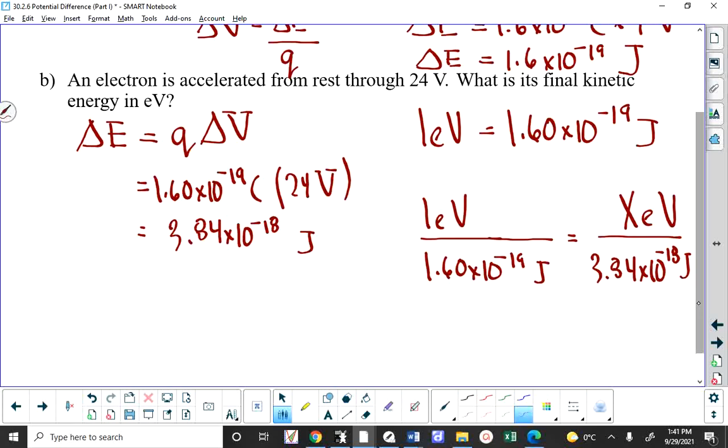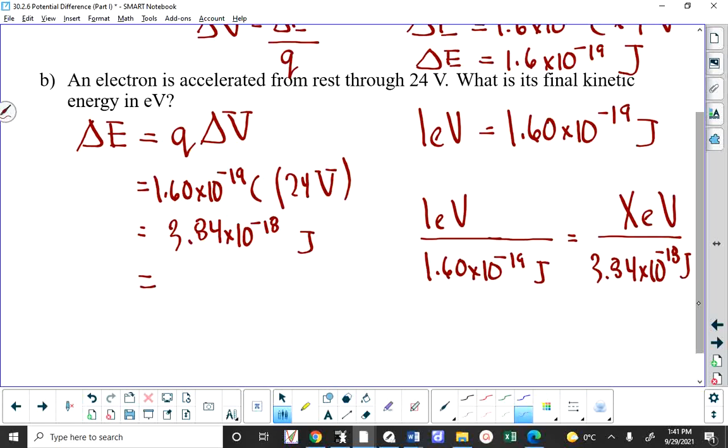So you're going to cross multiply there and find out how many electron volts of energy 3.84 times 10 to the negative 18 joules is. It's like we're converting watts to horsepower. That's a pleasing surprise when you see 24 pop up on your calculator, isn't it?